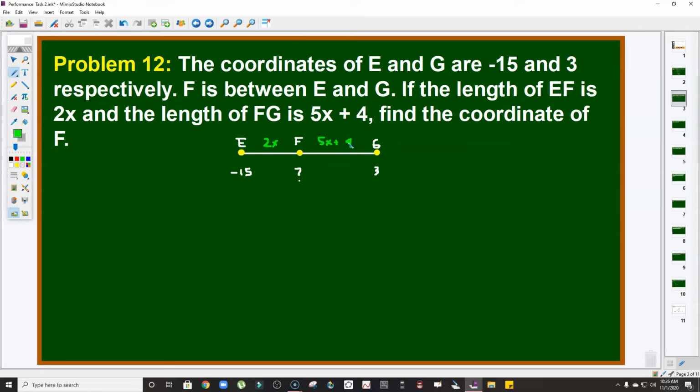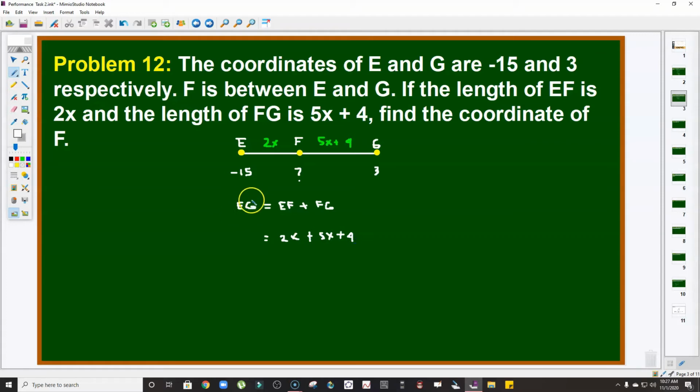Like what we did in the previous problem, by the segment addition postulate, we know the length of segment EG is equal to EF plus FG. Now, EF is 2x, FG is 5x plus 4.